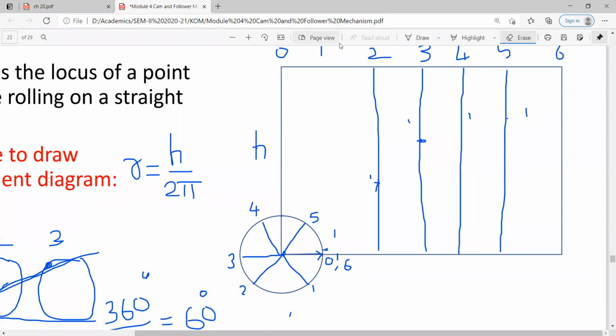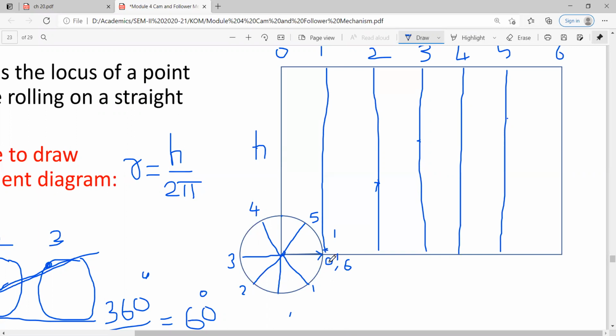Now what you have to do, you first draw, so here is your line 1. It is the vertical diameter, right?